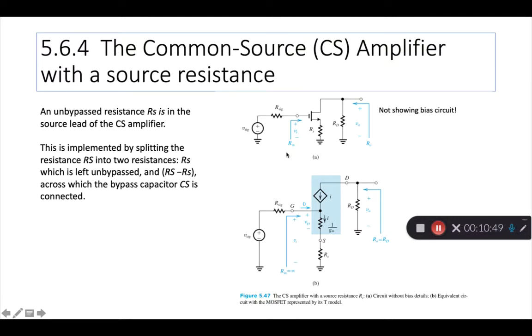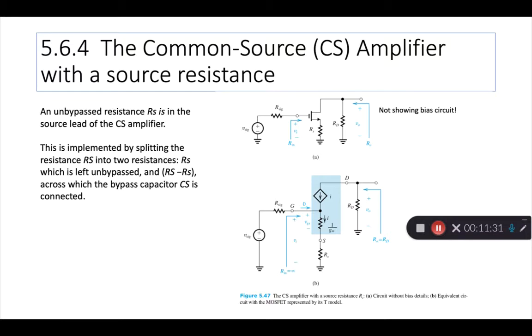So let me add one more thing. There is a source resistance. Sometimes the source resistance is split into two parts. You'll have one part of the source resistance not bypassed, but the other part of it can be bypassed with a capacitor. So what that does is, only for signal frequencies, that extra portion is a short circuit, because the capacitor conducts at signal frequencies, and so it becomes a short circuit.